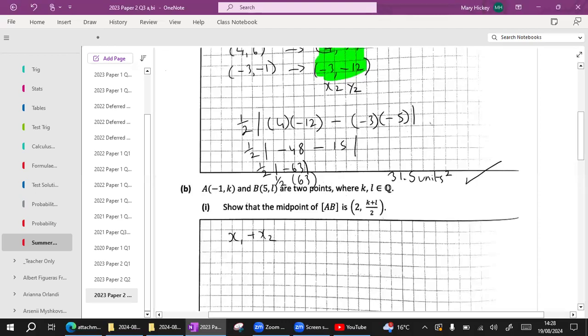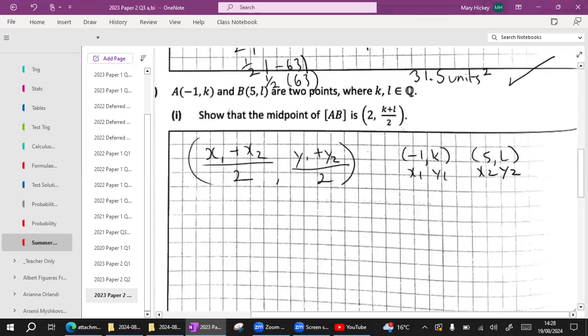x1 plus x2 over 2, y1 plus y2 over 2. I'm going to label my points, my -1, k and my 5, l, as x1, y1, x2, y2, and I'm hoping I get the answer as it should be here.